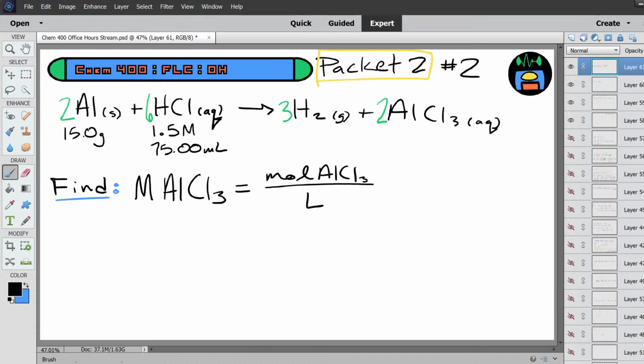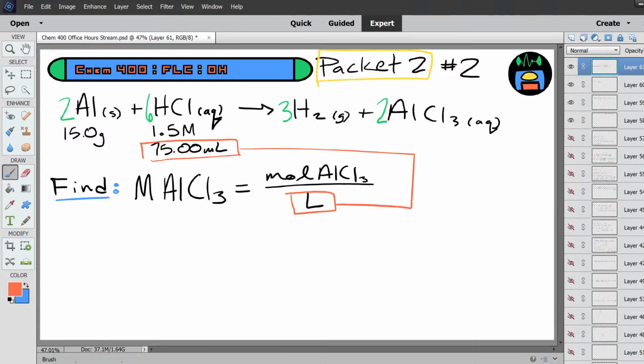And you'll notice that we only have one volume present in this problem. And that volume is the 75 milliliters. So that'll be our denominator.